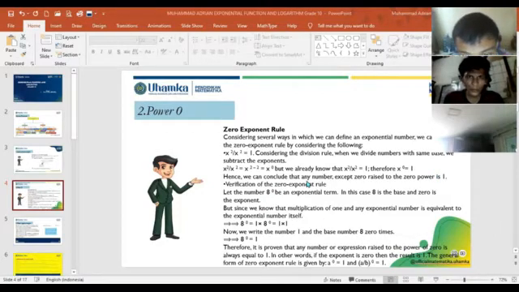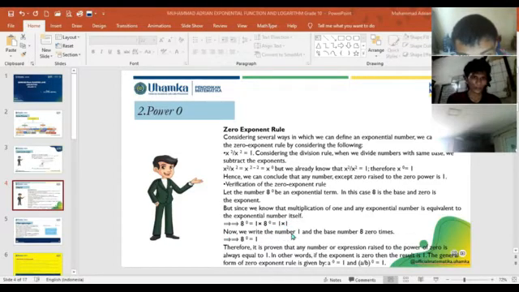But since we know that multiplication of 1 and any exponential number is equivalent to the exponential number itself, for example, 8 power 0 equals 1 multiplication 8 power 0, equals 1 multiplication 1.